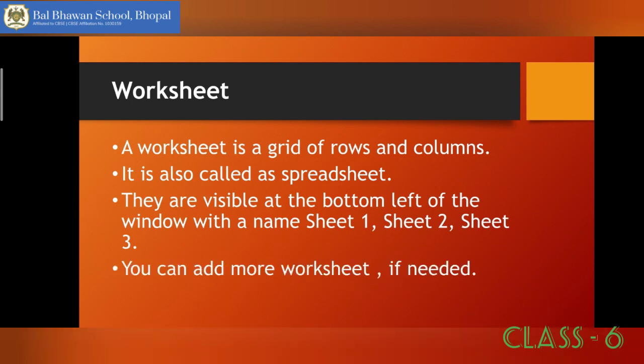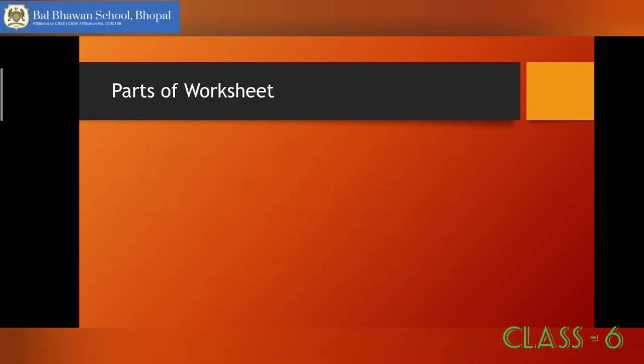You can add more worksheets if required. So, we can say that a worksheet is made up of horizontal rows, vertical columns and cells. Worksheets are used to feed information in it. Let's see the various parts of the worksheet.